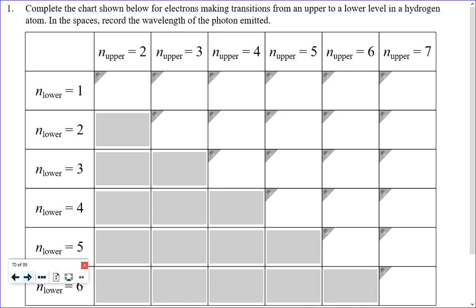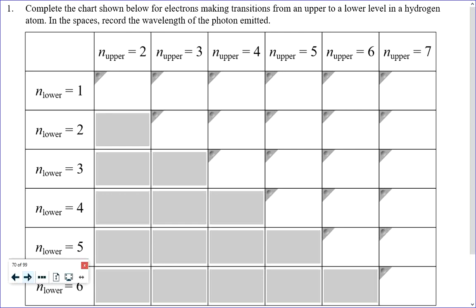You need to find the wavelength of light emitted by hydrogen when an electron goes from 2 to 1, from 3 to 1, from 4 to 1, 5 to 1, 6 to 1, 7 to 1, 3 to 2, 4 to 2, etc. I'll tell you, if you don't use that 1242 shortcut, you'll be at it all day. You have to subtract the energy levels and then use that energy to find a wavelength. And that's your assignment for tomorrow.